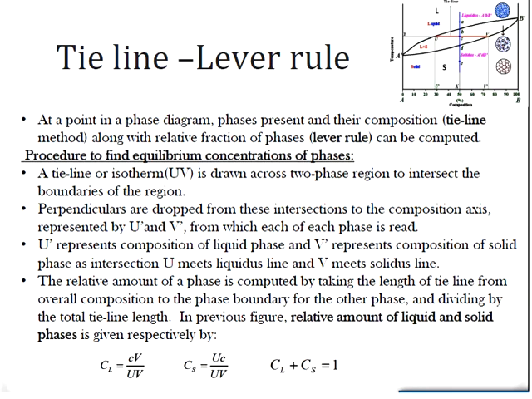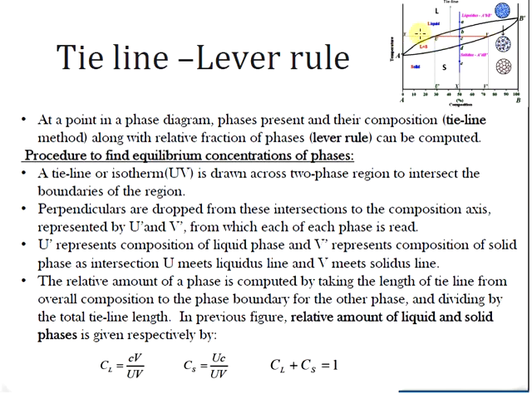Now that we know the composition of the two phases, we need to find out how much of each phase exists at the given temperature. So the ratio of the two phases present can be found using a special rule that is called the tie line based lever rule. Here is the composition of liquid phase, and here is the composition of solid phase.